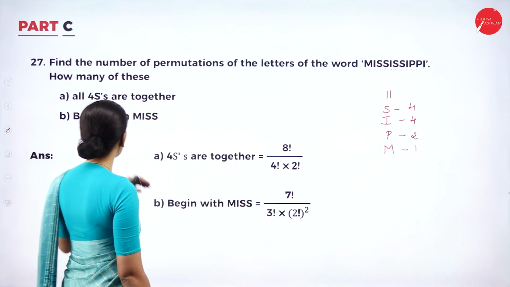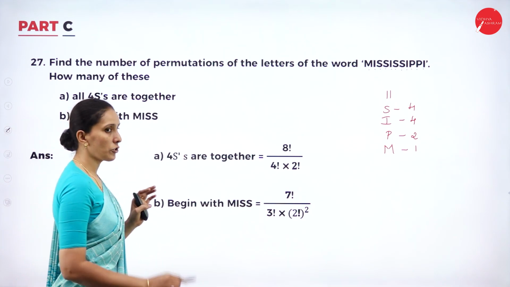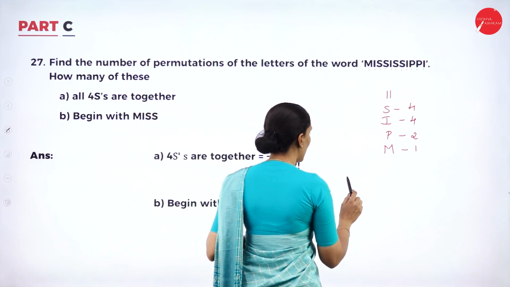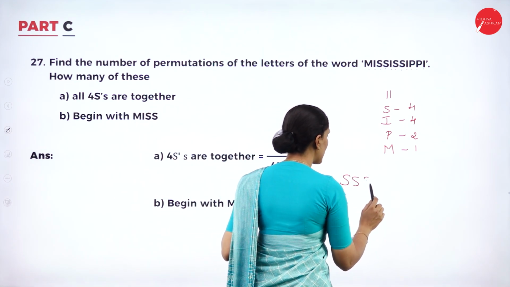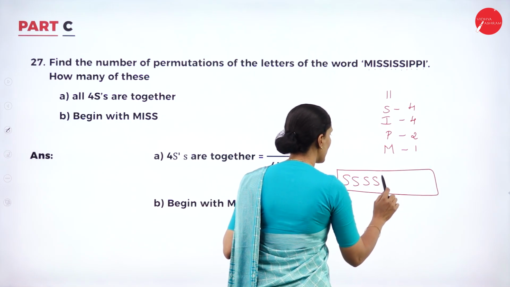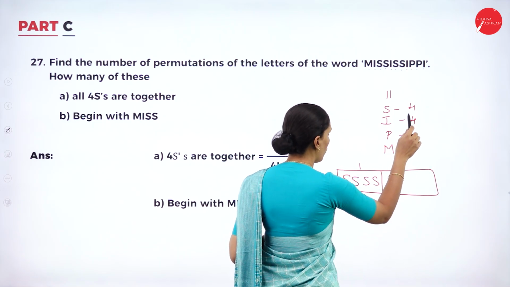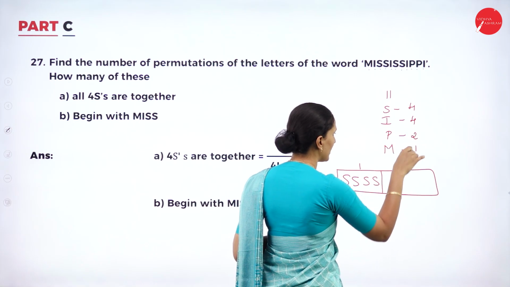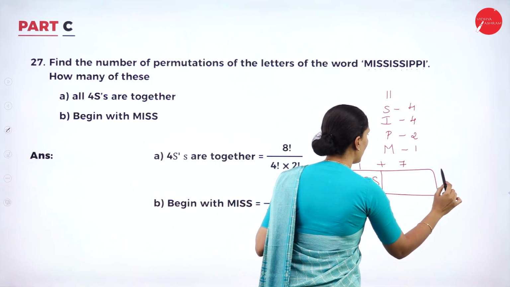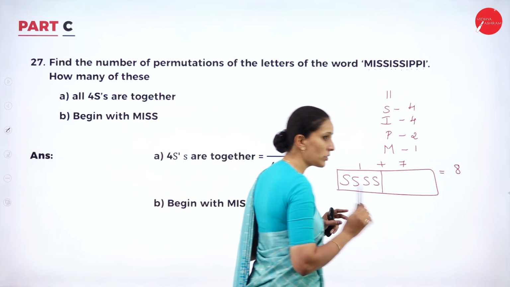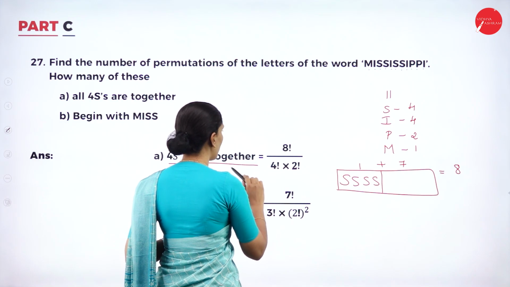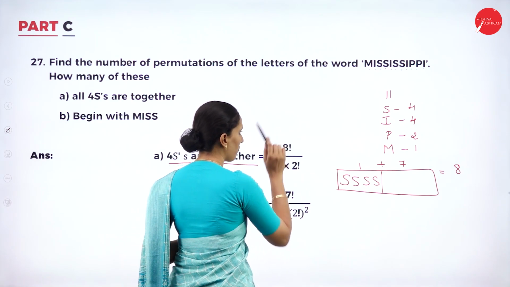So here they have asked us to find the number of permutations where all 4 S's are together. Let me tie all S's as one single unit. So when I take all S's as one single unit, that is 1, and there are the remaining 7 letters, so totally we have 8 units to be arranged. So the number of permutations will be 8 factorial.